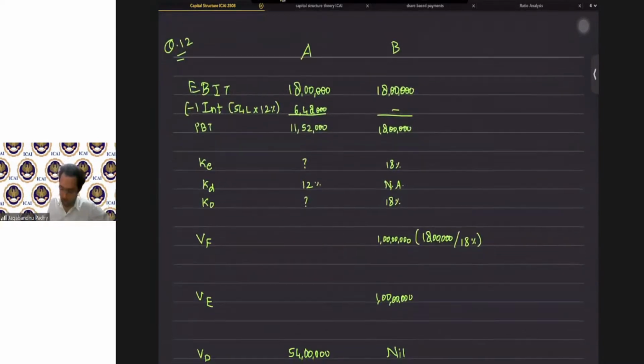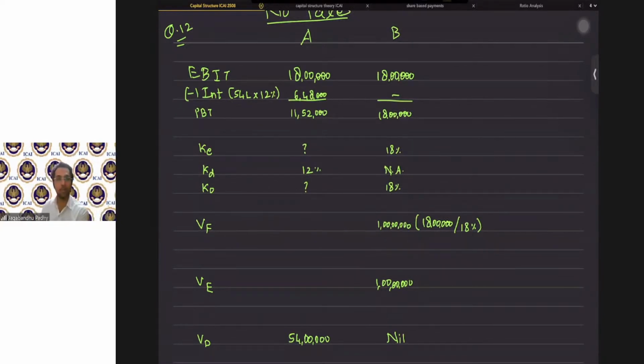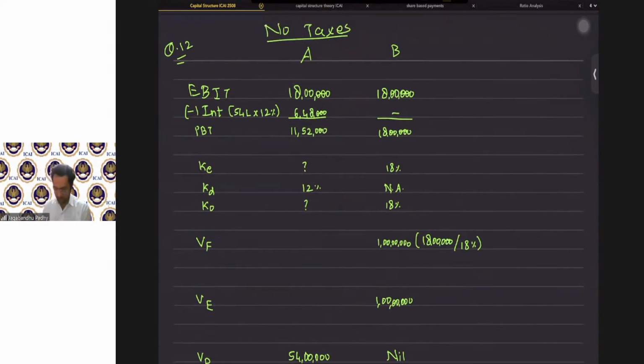And remember, we are talking of the case where there are no taxes. Now, when there are no taxes, can you tell me what will be the value of the two firms? Is it going to be same or different? When we say there are no taxes in the system, what is your take on it? Are the value of the firms going to be same or different as per approach?